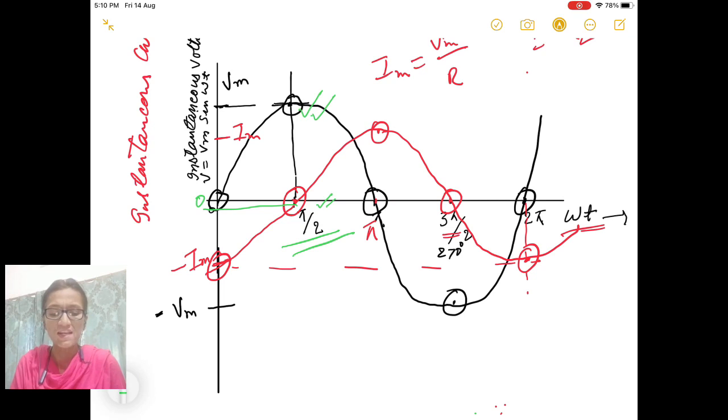It becomes voltage amplitude. Similarly, at omega t equal to pi, instantaneous voltage becomes equal to 0, and here you will find that instantaneous current becomes highest. It becomes current amplitude. So this is the nature of a purely inductive circuit, in which current lags by pi by 2 in its phase with instantaneous voltage.